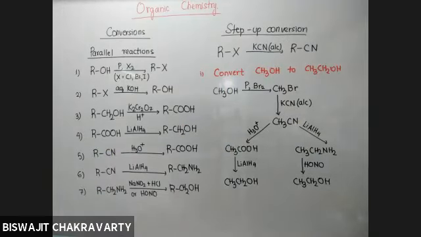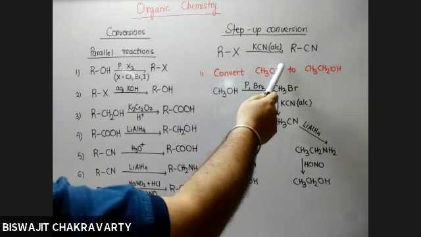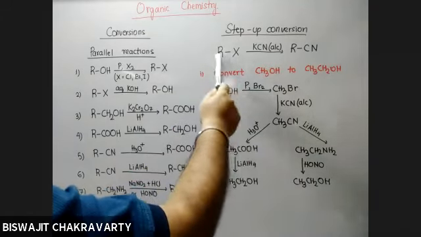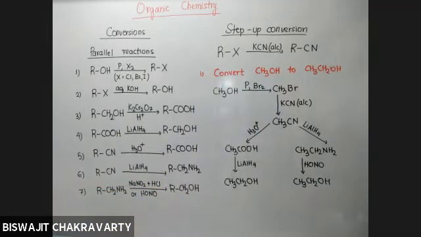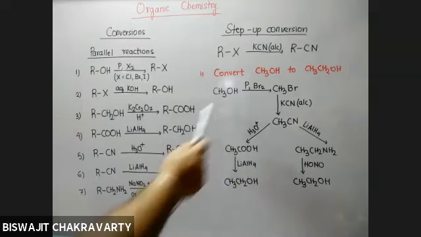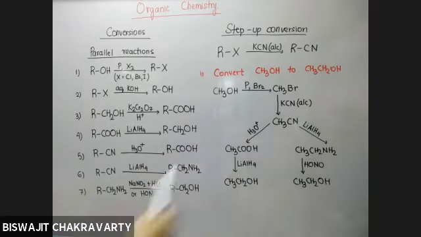Whatever compound is given to us, obviously it is not this. Our main aim should be to somehow convert this to alkyl halide. Because the given compound is an alcohol, according to the first reaction we can directly convert it into alkyl halide, and therefore we have added phosphorus in presence of bromine.